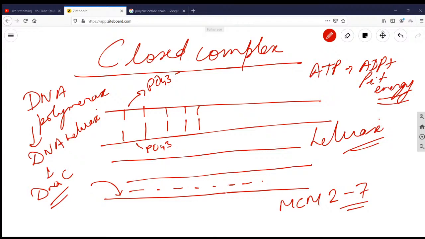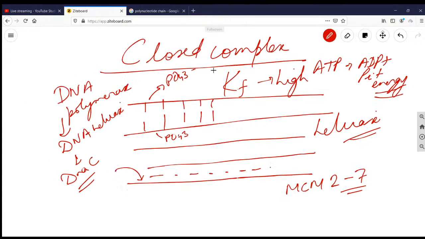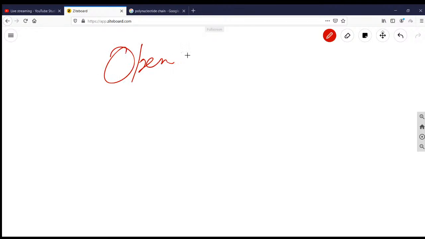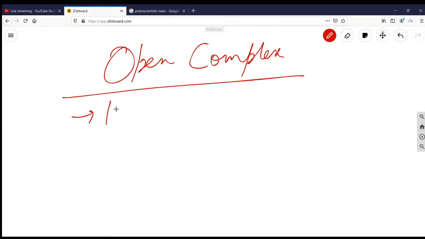First it will lead to an intermediate formation which is a little bit unstable, but once it has been formed, the closed to open complex transition is irreversible. It gets stabilized as the forward rate constant, Kf, is very high for the open complex. Open means now helicase activity would start. So Kf would be high.